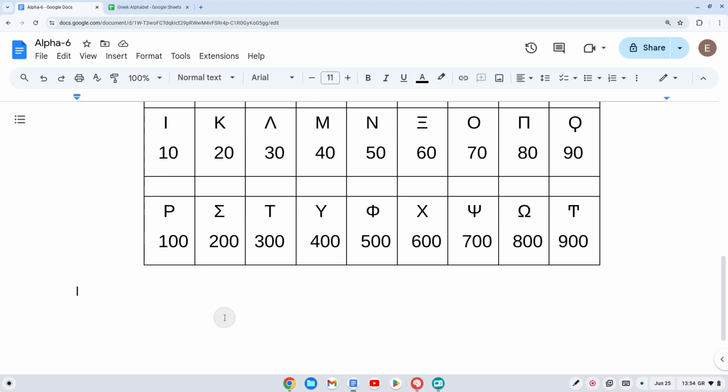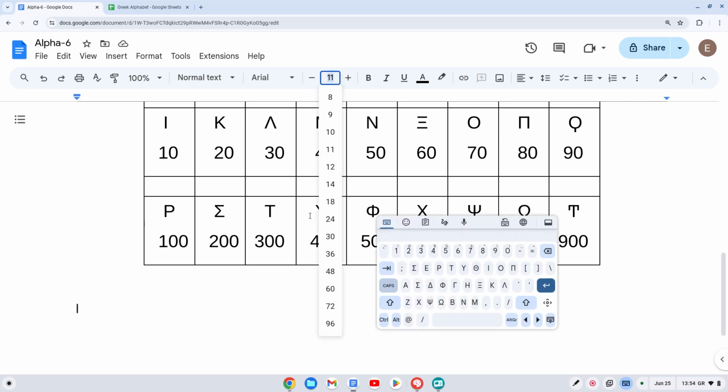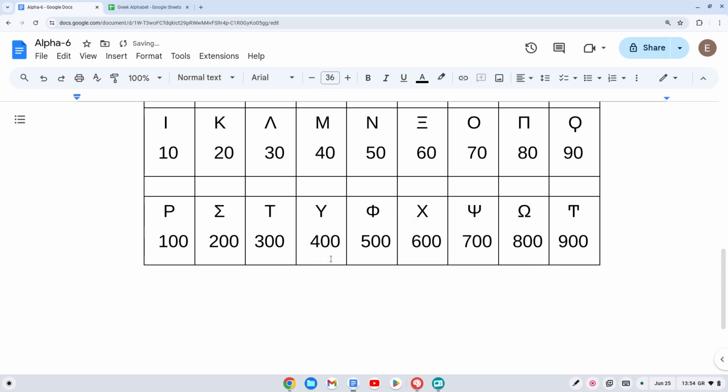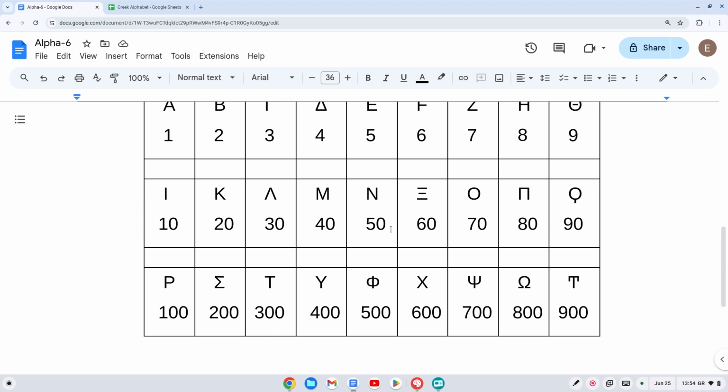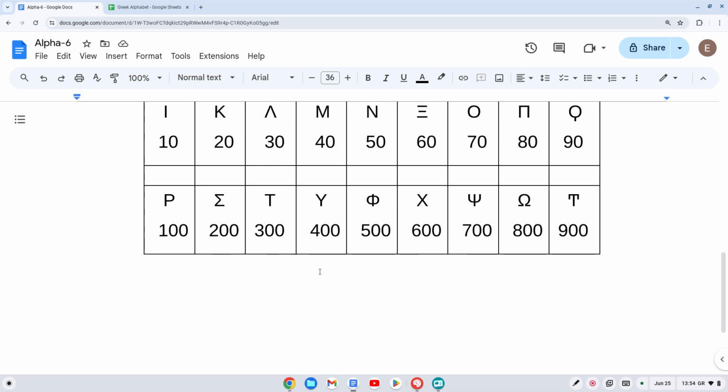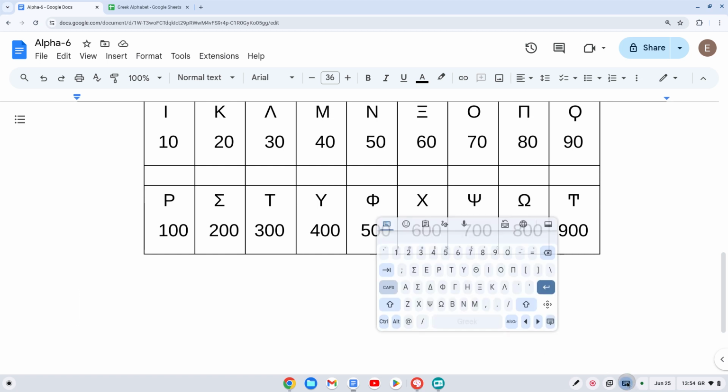So for example, if I wanted to write a number like this, I have the Greek keyboard.